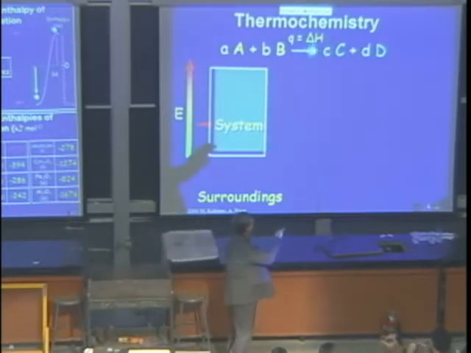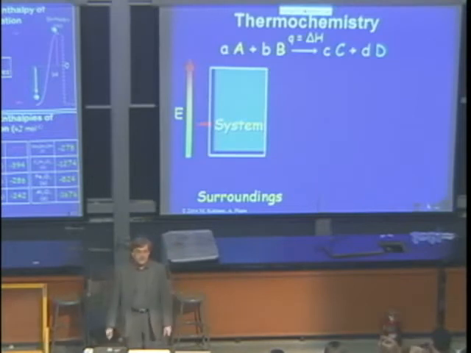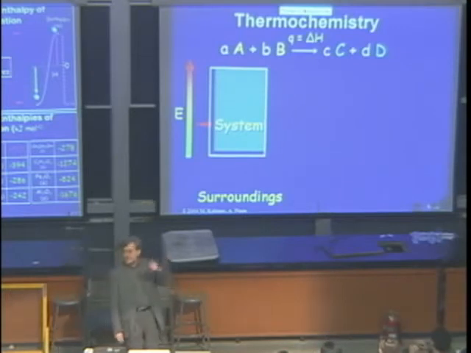And the change in enthalpy, if there's no volume change, is just the exchanged heat, because we have constant pressure. So if you look at the chemical reaction, you have an exchange of heat possible. And the heat can flow either in or out of the reaction.